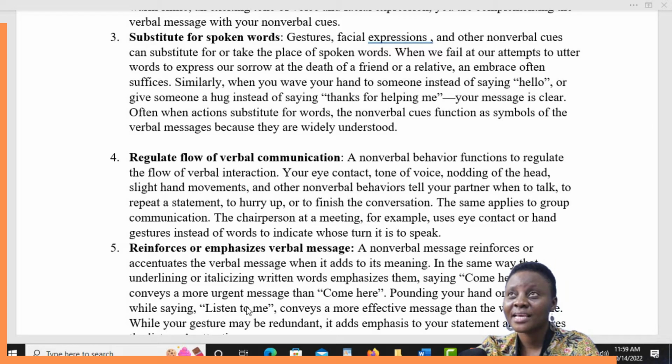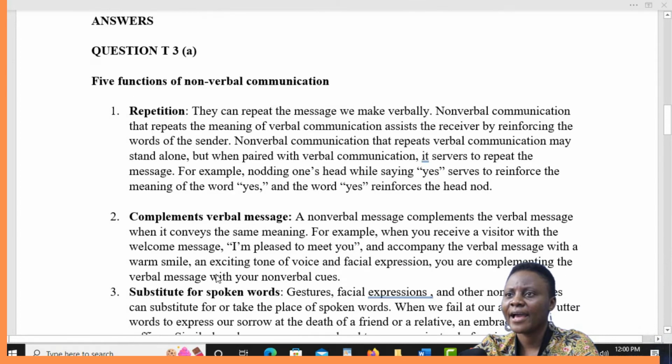If you just say keep quiet, sometimes it might not be taken seriously. But when you pound on the table loudly while you say keep quiet, it can give a very serious kind of communication to the audience, and maybe they might start concentrating and giving you attention again. So such nonverbal cues can reinforce or emphasize the verbal message. Those are the 5 functions of nonverbal communication.